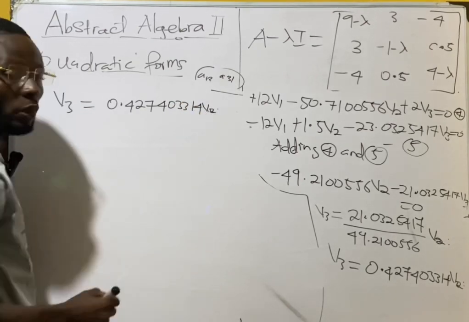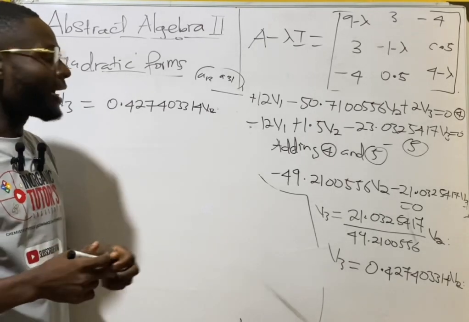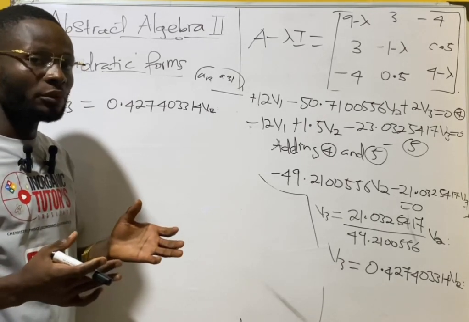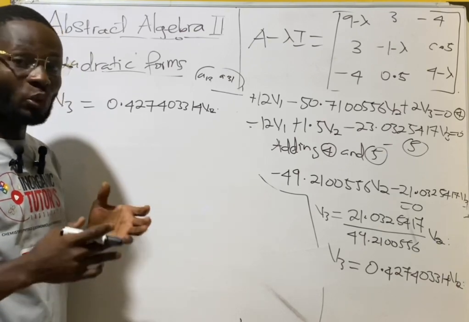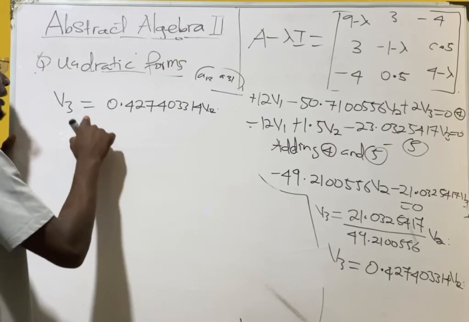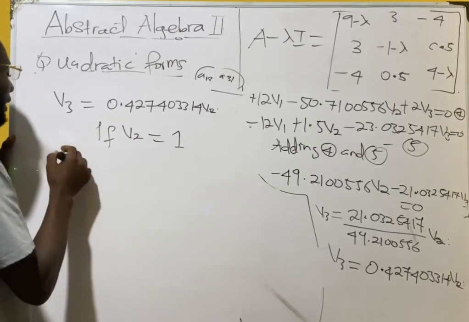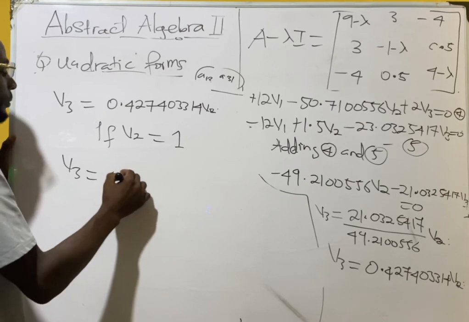So here, what we do is assume values, right? And the best value to assume is 1, because 1 is the easiest number to work with. So here we say that if V2 is equal to 1, then V3 will be equal to what?